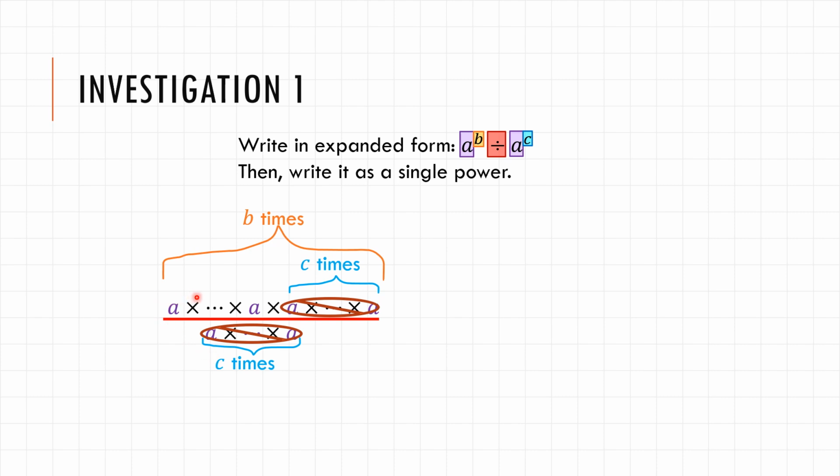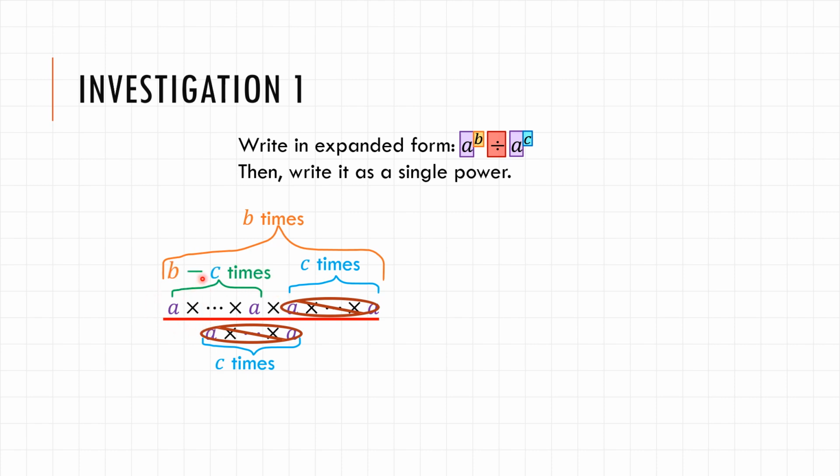And therefore, how many a's are remaining here? Although it may seem like half of b, how many a's are here? Half of whatever this number is. That's just my representation. So there could have been 5 a's here, and there could be 20 a's over here. I'm not really saying how many are in the middle of these dots, but I do know that if I started off with b a's, and I removed c a's, what is an expression that I could use to represent what's left over?